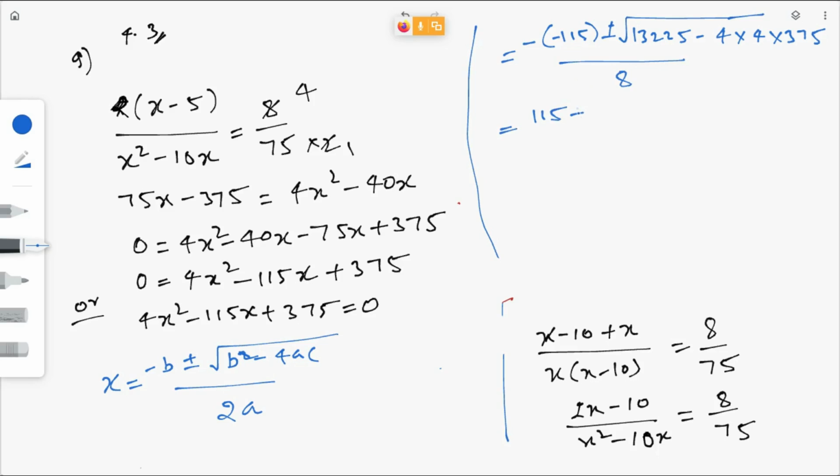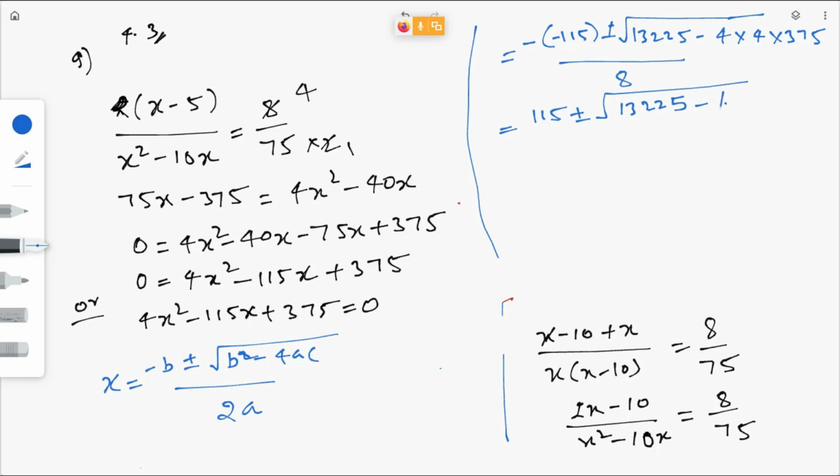115 plus or minus root of 13,225 minus... How much will you get here if you multiply these three?